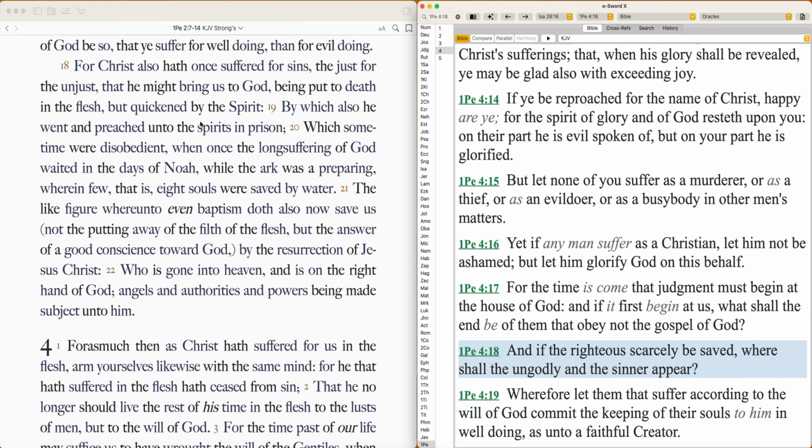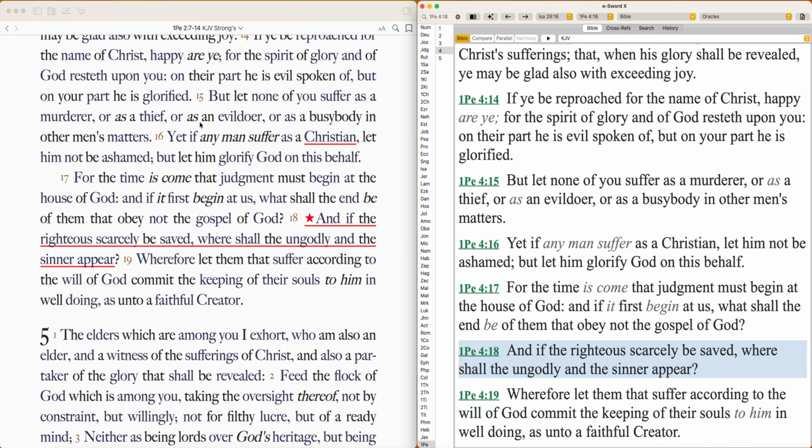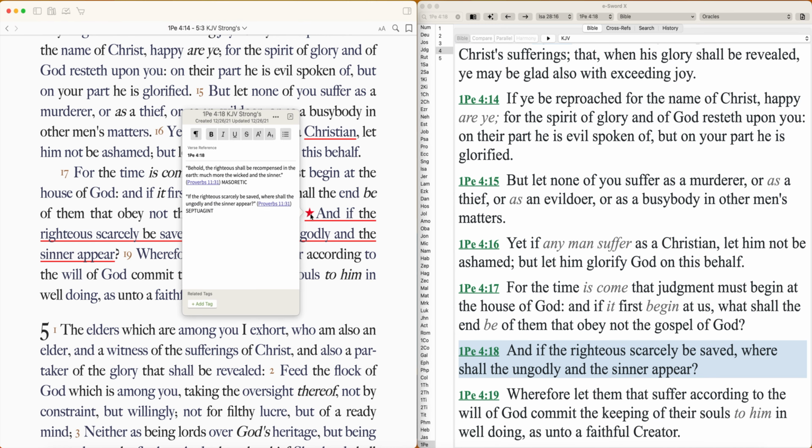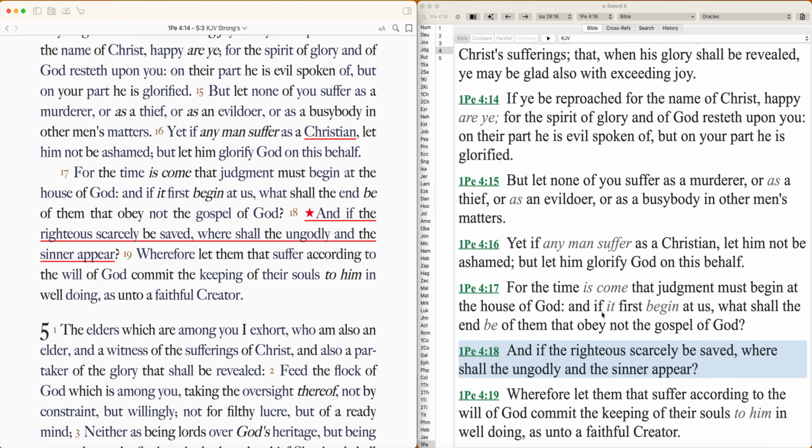Go to chapter 4, and then verse 18: "And if the righteous scarcely be saved, where shall the ungodly and the sinner appear?" That's actually quoted from Proverbs 11:31.